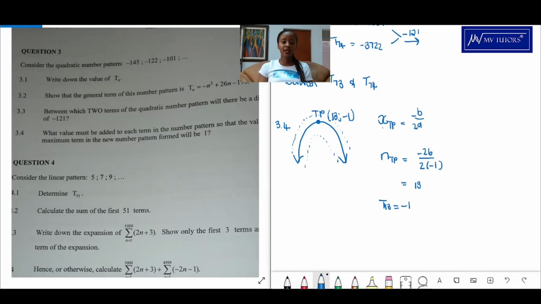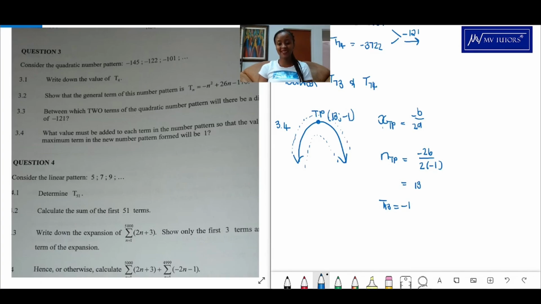Now they're saying which value must be added to each term, meaning what shift is required, such that the value of the maximum term in the new number pattern formed will be 1. Currently I'm at negative 1 and I need to get to 1.